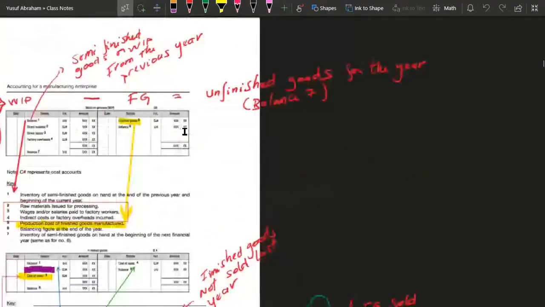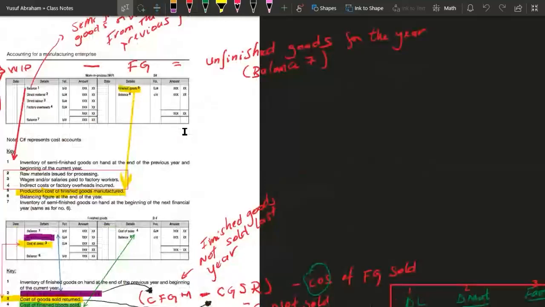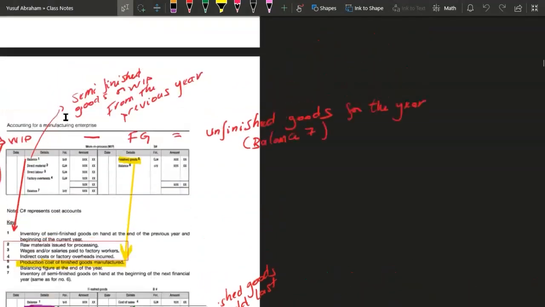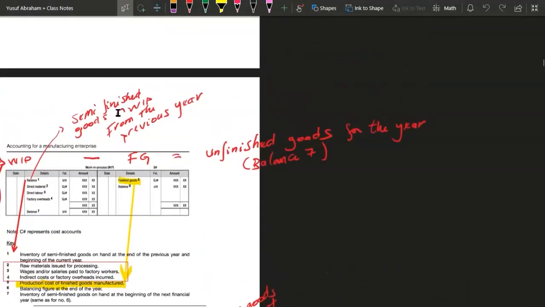And now we come to the actual work in process ledger account. Okay, remember again, your left and your right. It's well divided. On your right, obviously, you're going to have the balance of the previous year. Always check if there is a balance from the previous year. They will tell you at the end of last year, there was this amount of semi-finished or unfinished product, right?